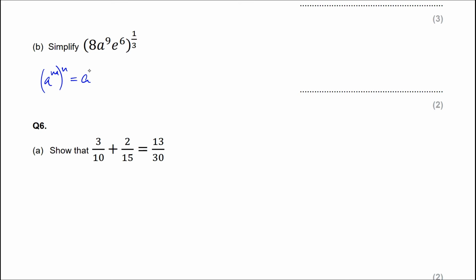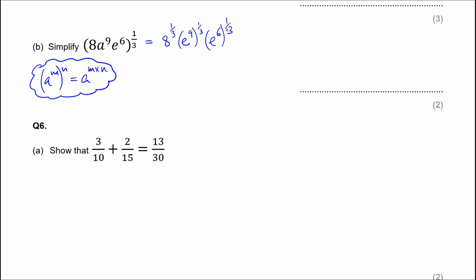So these are just laws of indices. So here we have 8, everything to power a third, a to power 9 to power a third, and then e to power 6 to power a third.